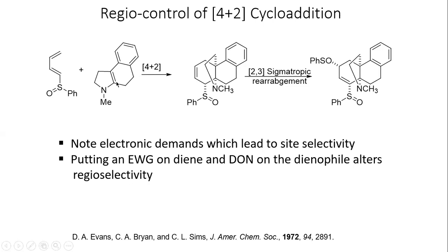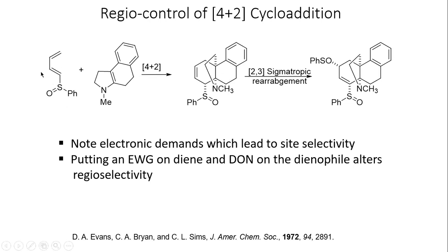And if you notice, it's set up for like an inverse demand Diels-Alder, right? And then they did another step where they did a sigmatropic rearrangement to convert this into the necessary backbone.